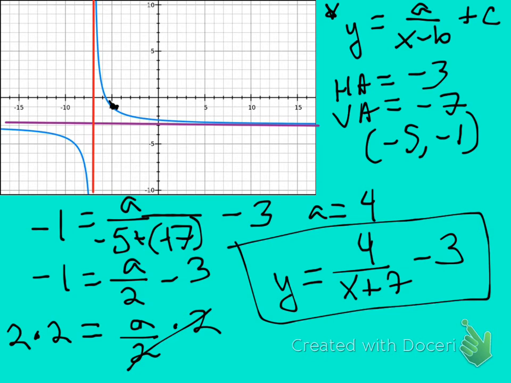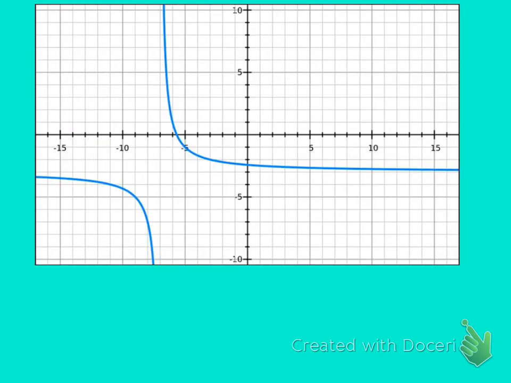You want to try the other method? All right. Let's go ahead and mark the horizontal asymptote as well as the vertical asymptote. Let's find out where they cross.